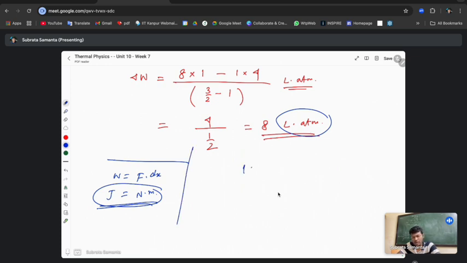So 1 liter equals 10 to the power minus 3 meter cube. Meter is the distance, so m cube is volume. So it's 10 to the power minus 3, and 1 atm equals 1.013 times 10 to the power 5 pascal, which is Newton per meter square, right?